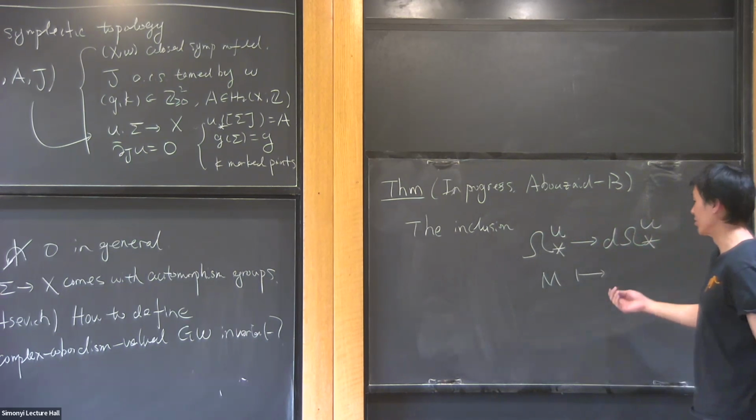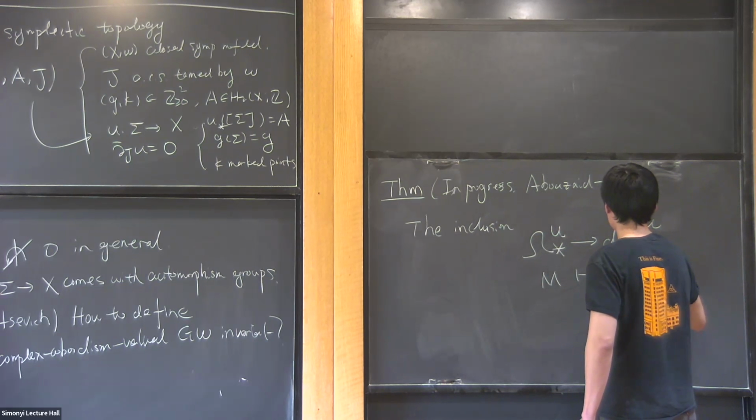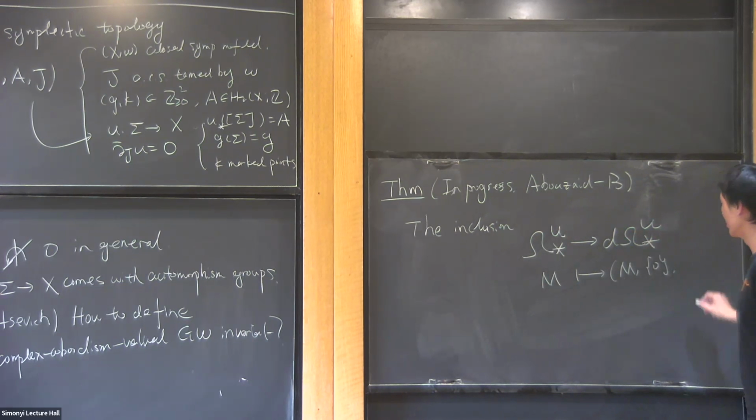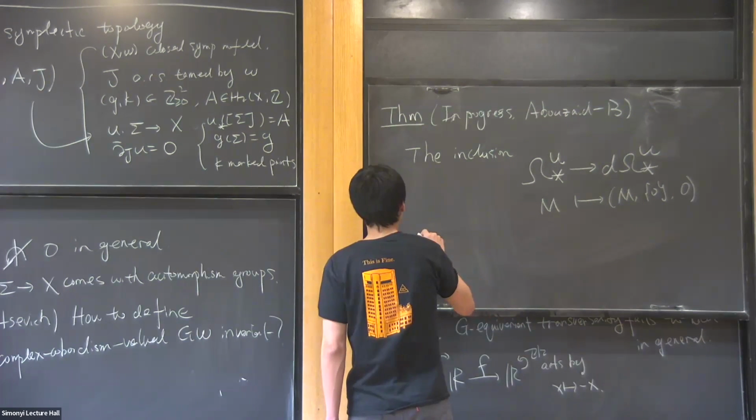We can just map to this kind of triple where the bundle is a rank 0 bundle and the section is a trivial section. There's an inclusion here. The inclusion splits.